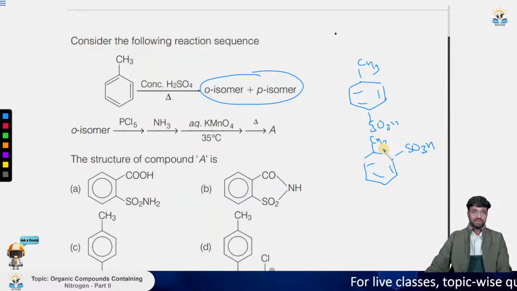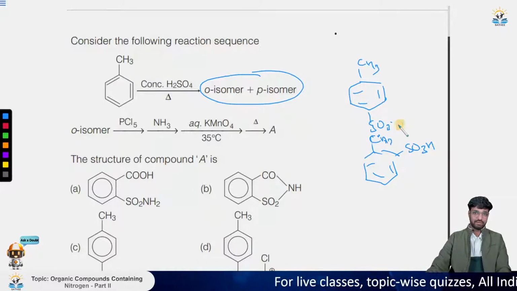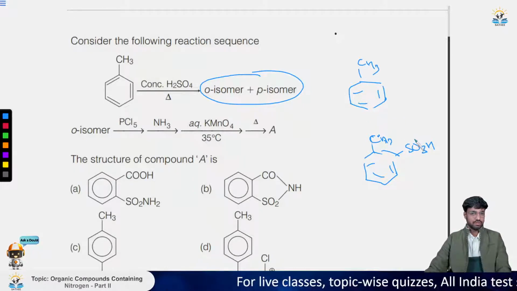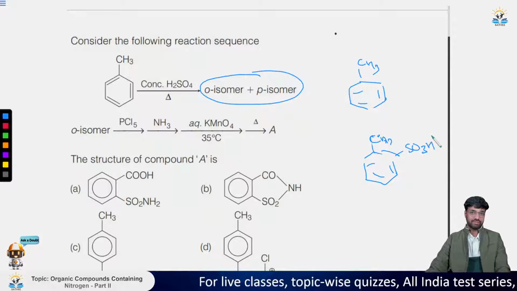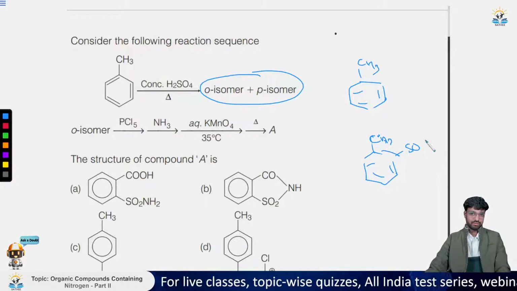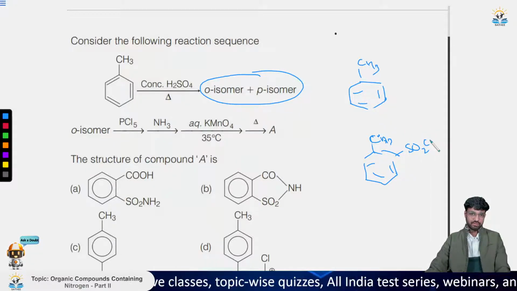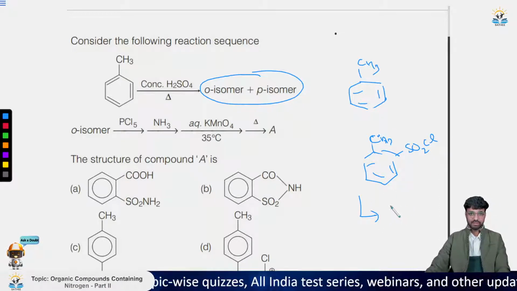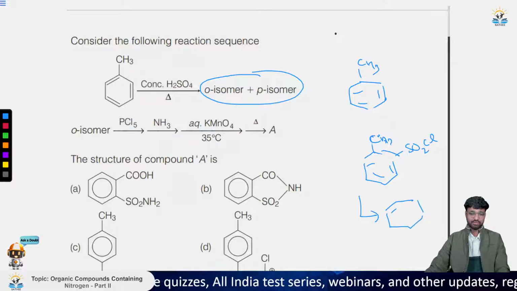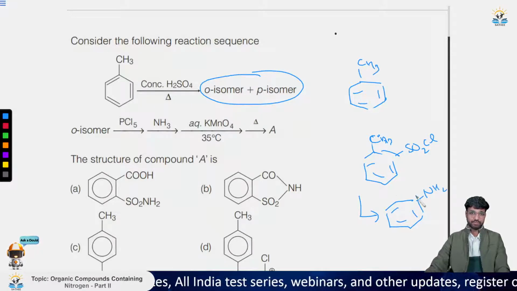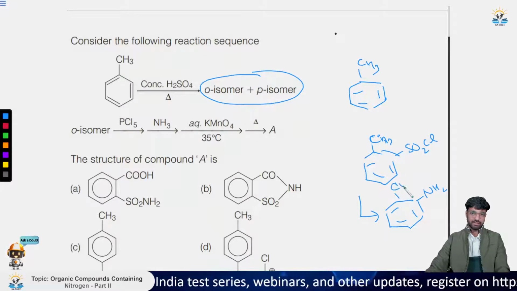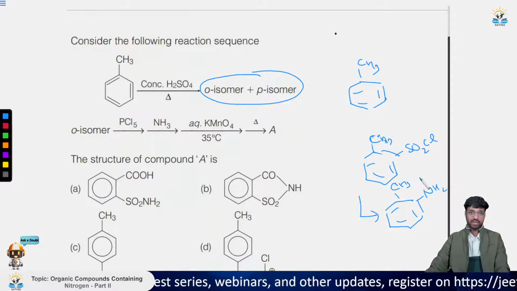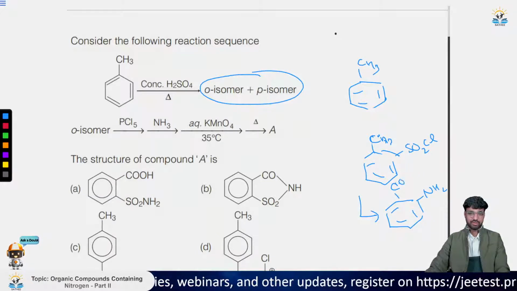Then the ortho isomer, with CH3, is reacted with PCl5, so you will get your SO2Cl. Then you react it with NH3 to get SO2NH2 and your CH3. Again, aqueous KMnO4 gives you COOH.